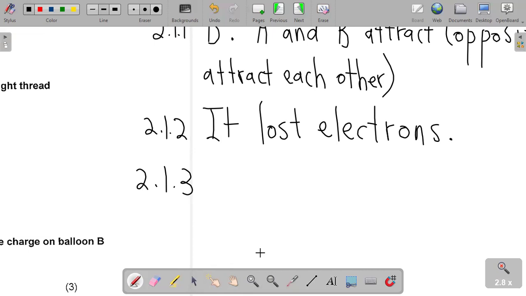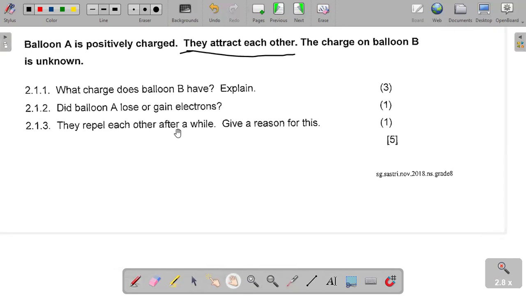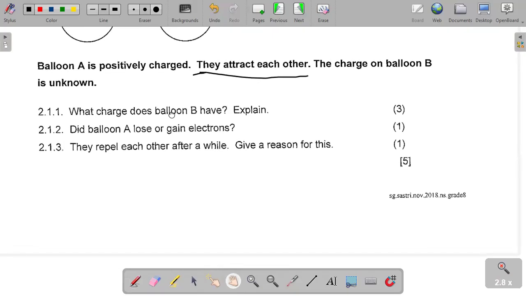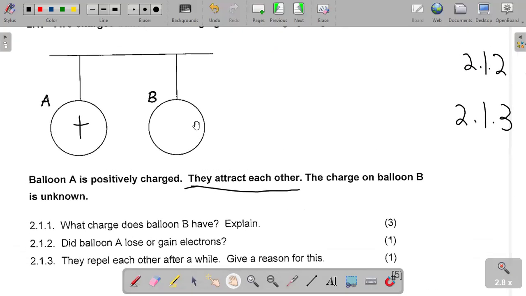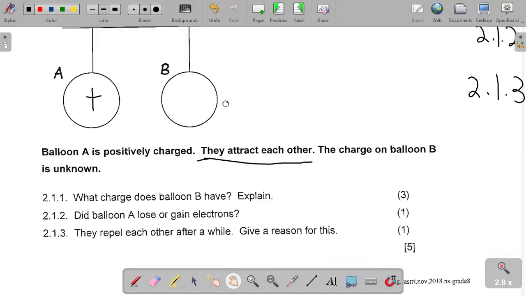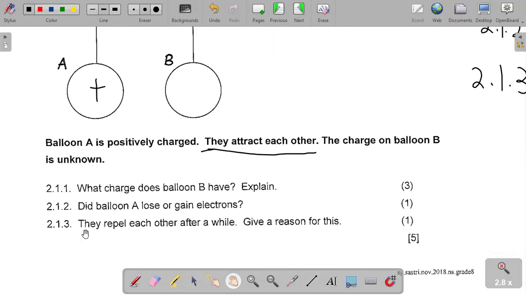So 2.1.3, what do they say? They repel each other after a while.